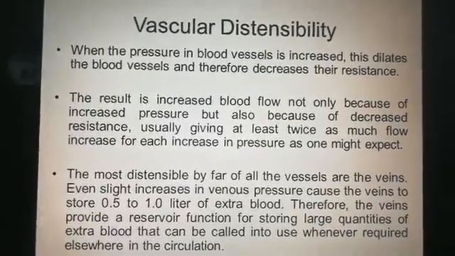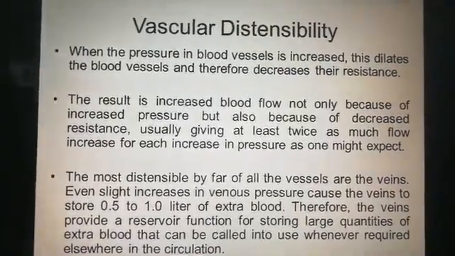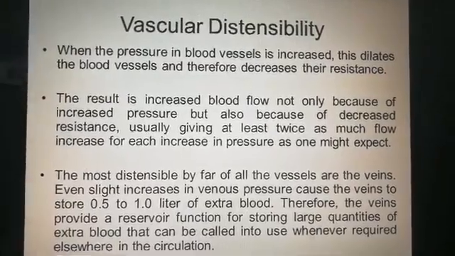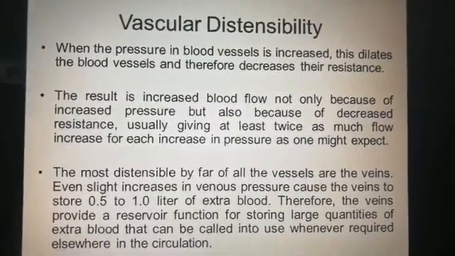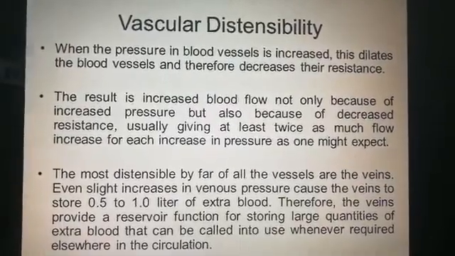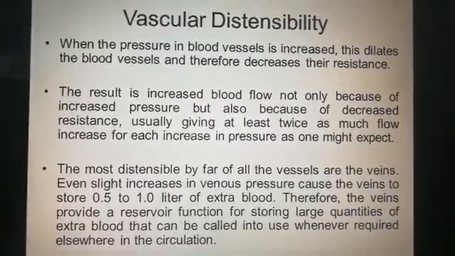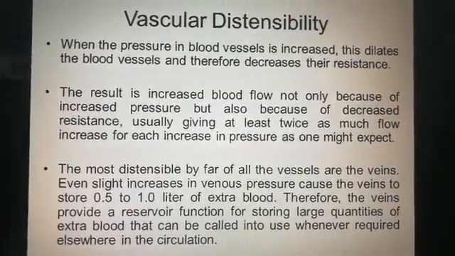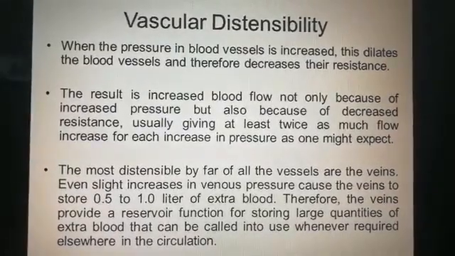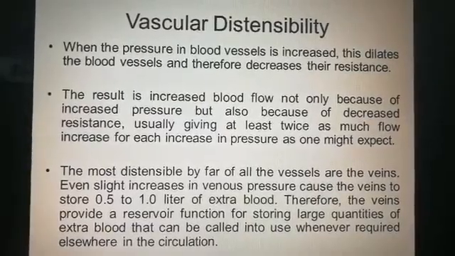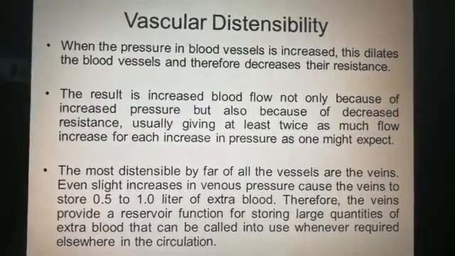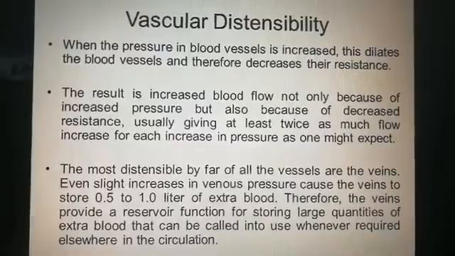Therefore, the veins provide a reservoir function for storing a large quantity of extra blood that can be called into use whenever required elsewhere in the circulation. So the blood remains there until the requirement comes. When there is a requirement, the blood comes from that reservoir, that is the veins, and will be used.